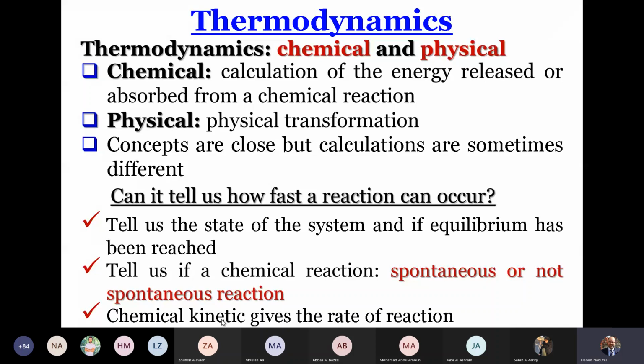We know if our reaction is spontaneous or non-spontaneous. In other words, if our reaction is possible or impossible. If we find the reaction possible, we can pass to study the kinetic of this reaction by the chemical kinetic method.